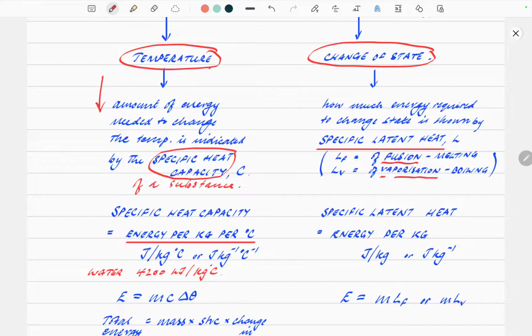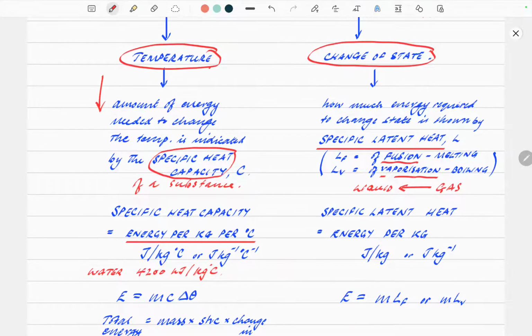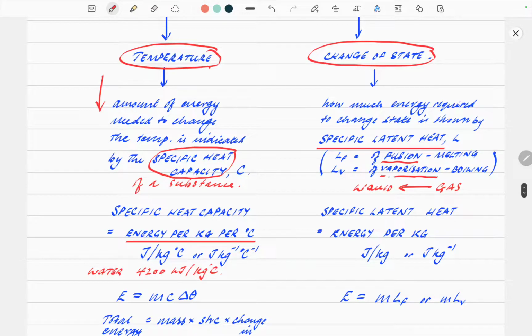I need to mention this before we move on: if the process is going in reverse, for example, you're going from a gas to a liquid, then that would be the same energy as vaporization, but in this case you're giving the energy out rather than taking the energy in.